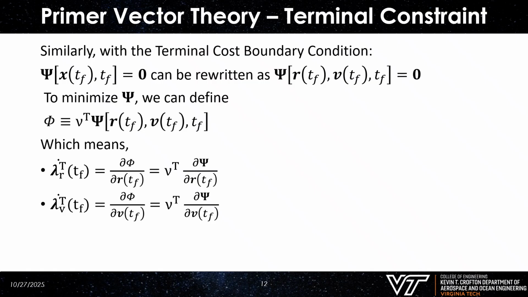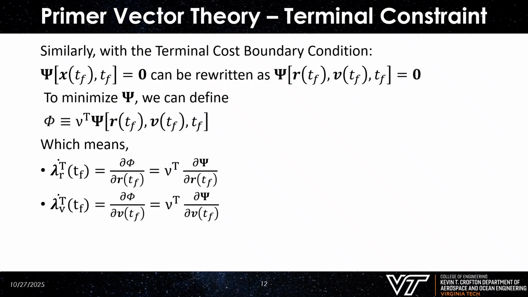We can follow the same strategy with our terminal cost boundary conditions to get the boundary conditions for our adjoint vectors. Psi can be rewritten in terms of our radius and velocity. And if we want to minimize psi, we can define phi to be our new cost, and nu is another set of Lagrange multipliers that will minimize psi.